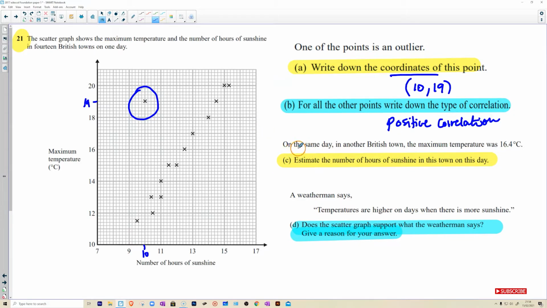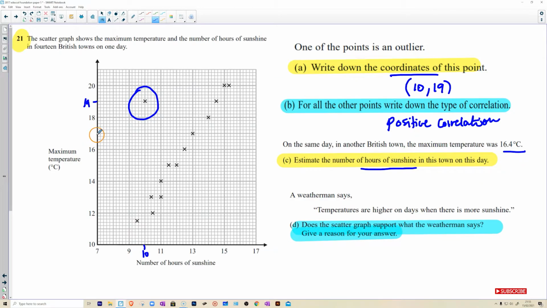And now for C, we're told on the same day in another British town, the maximum temperature was 16.4 degrees centigrade. Estimate the number of hours of sunshine in this town on this day. So we need to find the number of hours of sunshine when the temperature is 16.4.